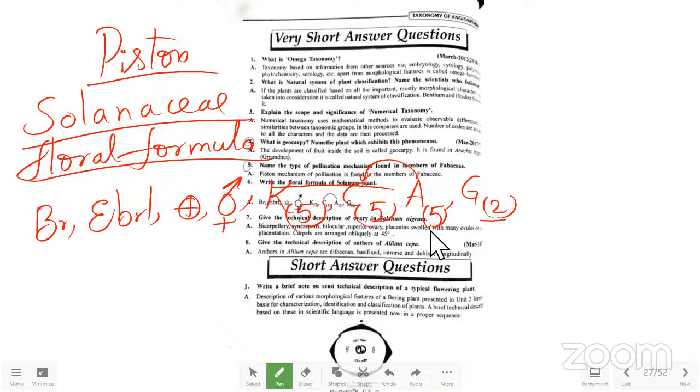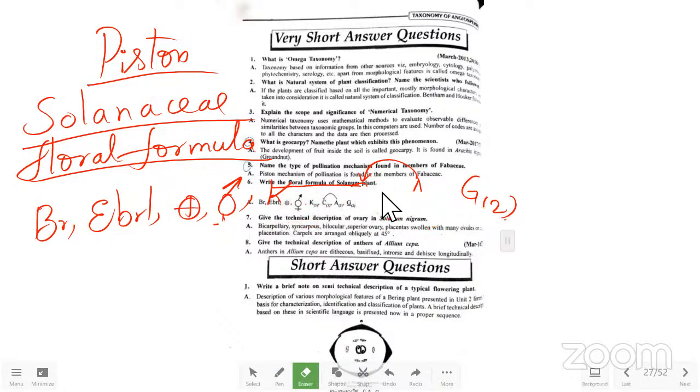Like this, we have to write the floral formula. Bracteate Br, comma, EBRL, comma, actinomorphic, that is the circle with a plus mark inside, and bisexual, calyx 5 fused, corolla 5 fused, androecium 5 epipetalous, and gynoecium 2 superior.